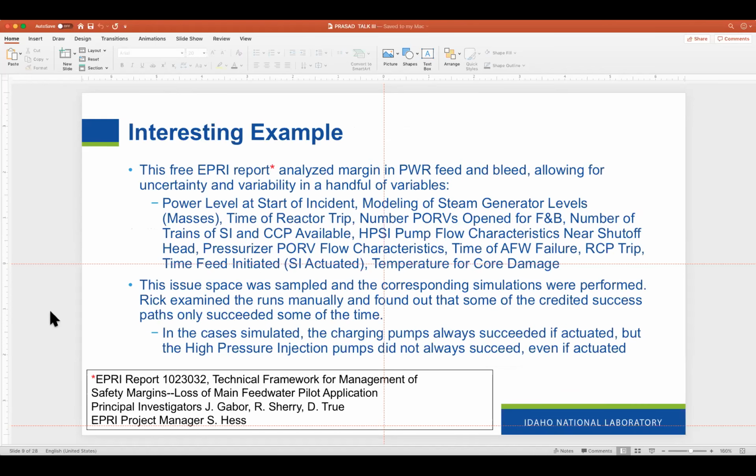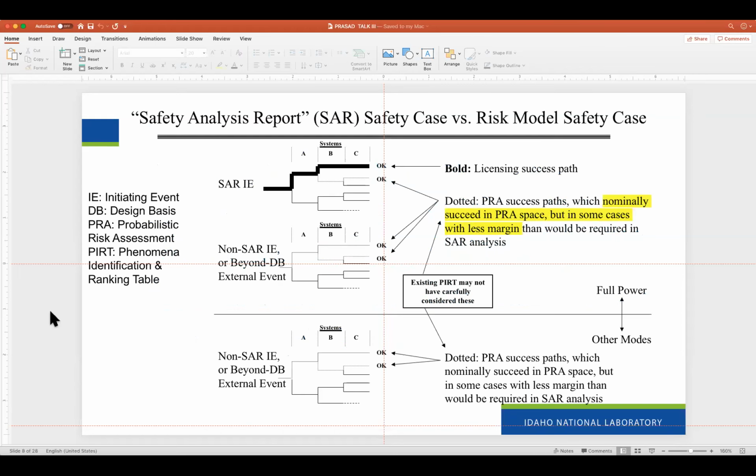It's an EPRI report. They were Jensen Hughes guys, or I guess at the time they were Aaron guys working for EPRI, who analyzed paths and just showed that some of the paths people take credit for don't always work. So you shouldn't choose them. You should redraw your event trees so that the okays really are okay, and quantify that way.